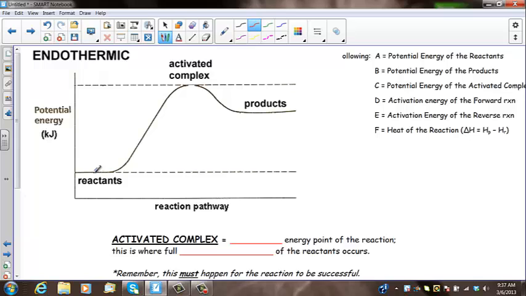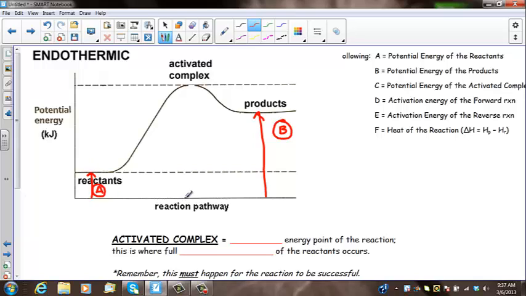Remember, this is potential energy on the y-axis. So this value from the reaction pathway to the reactant line is A. This value is the potential energy of the reactants. From the reaction pathway to the products is going to be the potential energy of the products, or B.